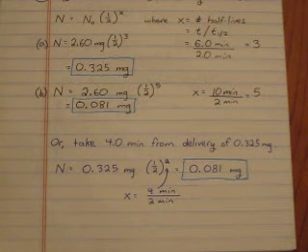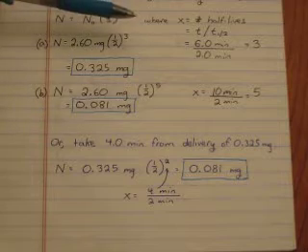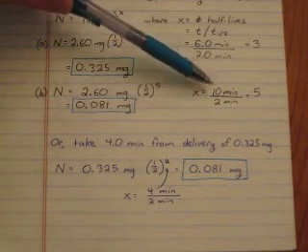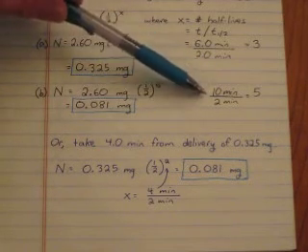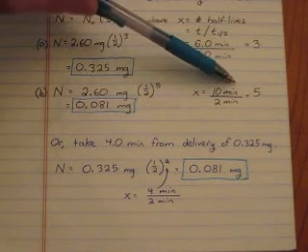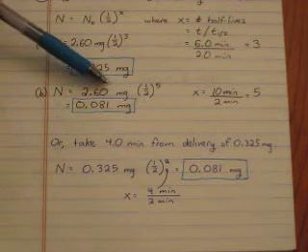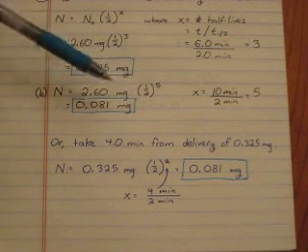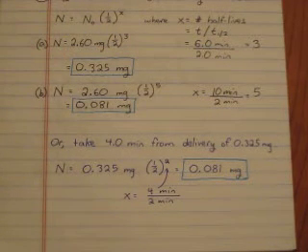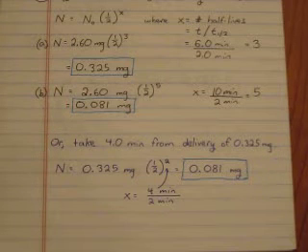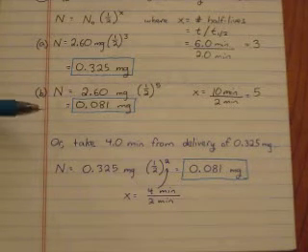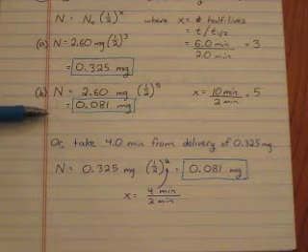Well, since it's been produced, there was the first 6 minutes, then 4 minutes later, so it's been 10 minutes over a 2-minute half-life, which means 5 half-lives have gone by. So we're going to do 2.60 milligrams times 1/2 to the 5th power, which means the original amount is getting cut by a factor of 32. So we have 0.081 milligrams.